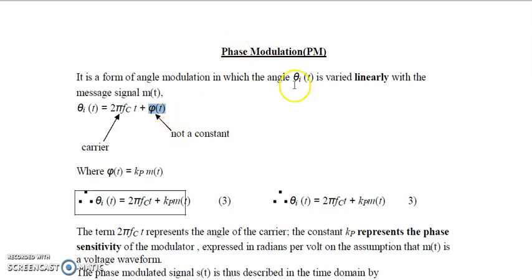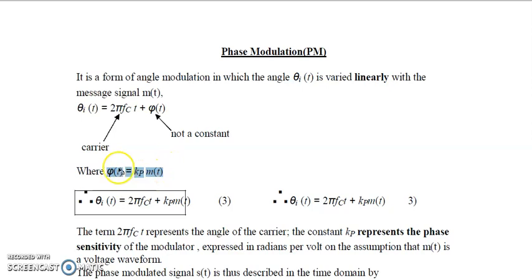Once more I am repeating: phase modulation is a technique of modulation in which phase angle theta t is varied linearly with the message signal m t. This phi t is a linear function of the message signal m t.